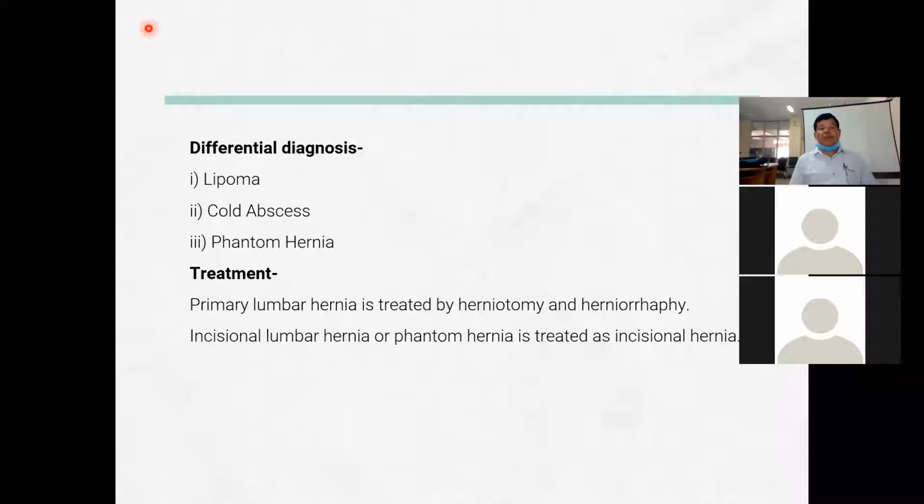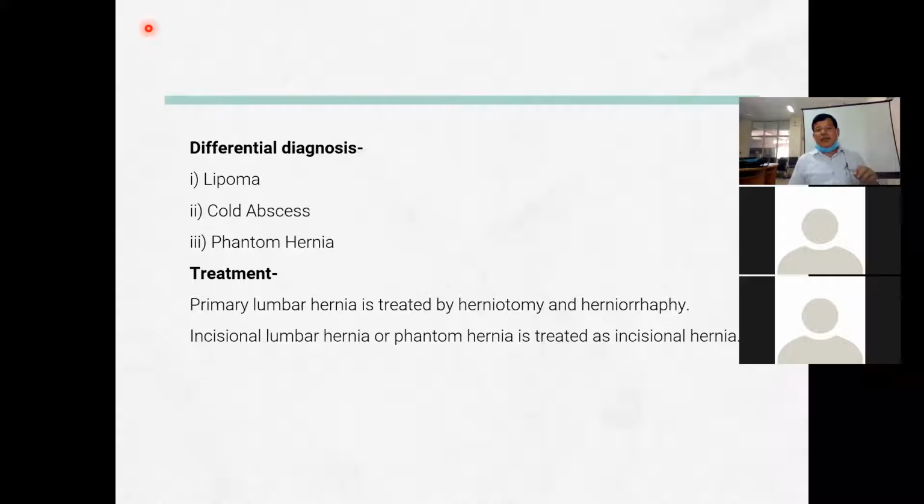Similarly, a patient with cold abscess as a result of tuberculosis of the spine, or Pott's disease, may have tracking of pus to the lumbar region, and then collection of the pus. As it is not pyogenic, it is usually cold and difficult to diagnose from others. Otherwise, in case of inflammatory swelling, it may be easy to differentiate. So cold abscess and lipoma are the two main differential diagnoses of lumbar hernia.